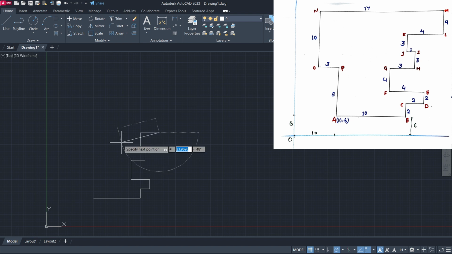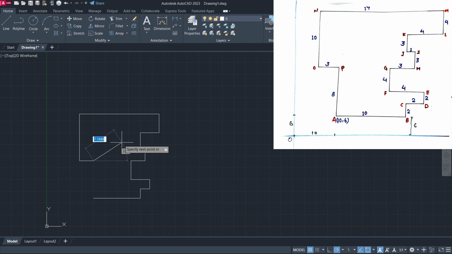Again we have 24, comma 24. Then 7, comma 24. Then 7, comma 14. Then 10, comma 14, enter.